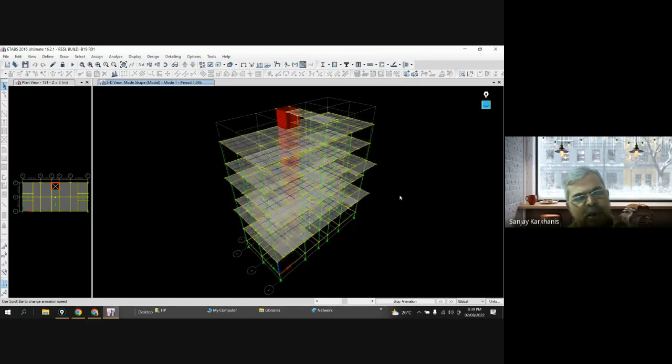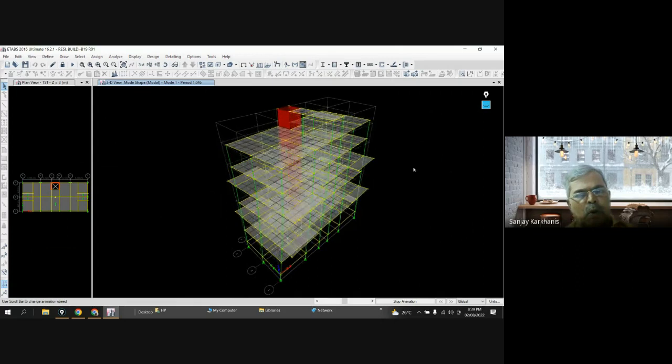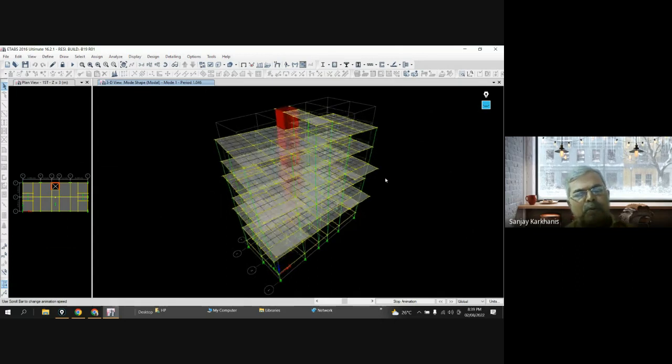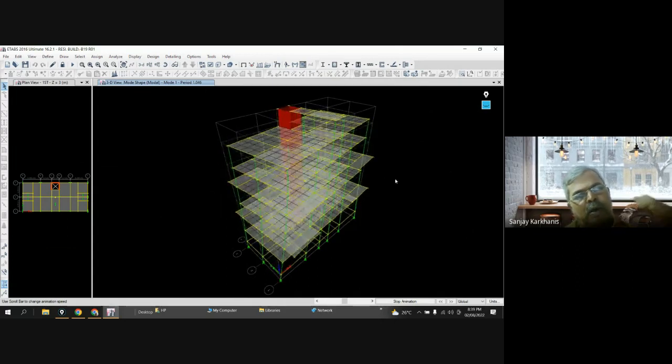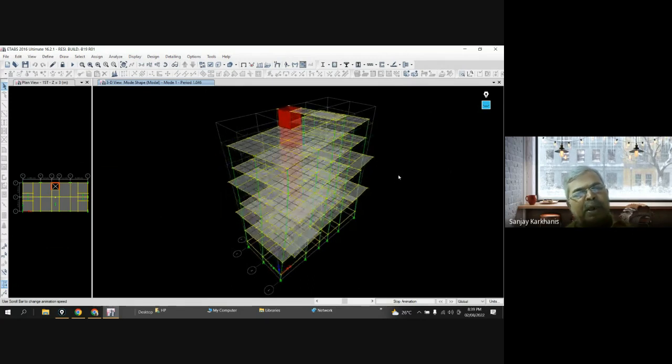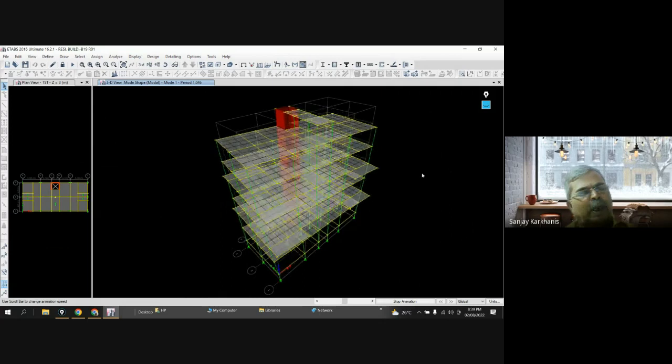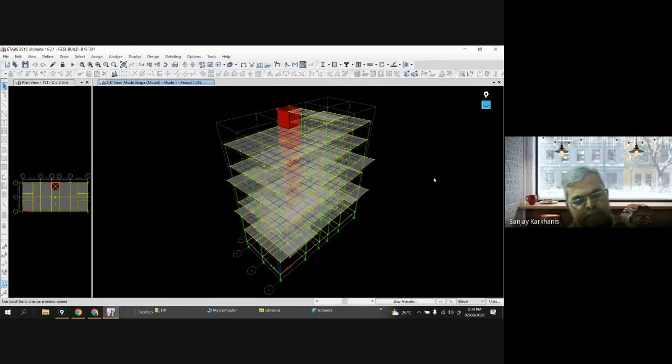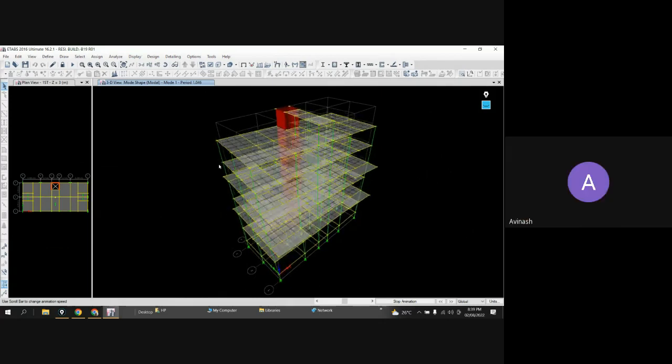So this is how you see your mode number 1. Mode number 1 will always be of larger time period, the greatest time period, and the lowest frequency. Clear? Yes, sir. So this is your mode number 1.